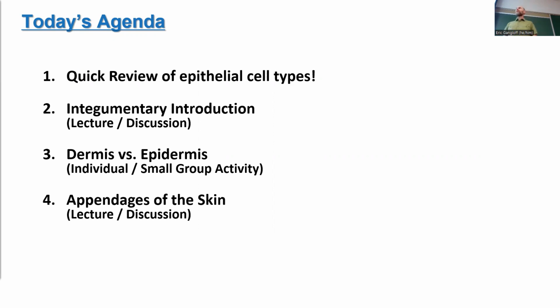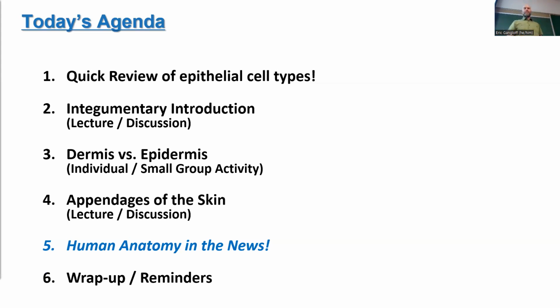So that is glands and hair and nails and things like that. And then if we have time, I have a segment, our first edition of Human Anatomy in the News for the semester. You'll see I'll intersperse these throughout the semester. There's recent research that is relevant to class that you might find interesting. And then we'll wrap things up, give some reminders today. So that's the structure for today's class. Before we dive in, what questions do you have?